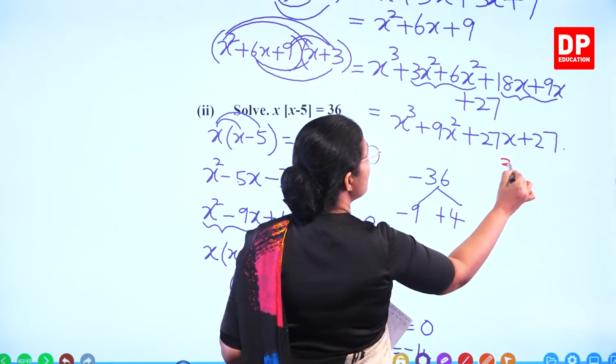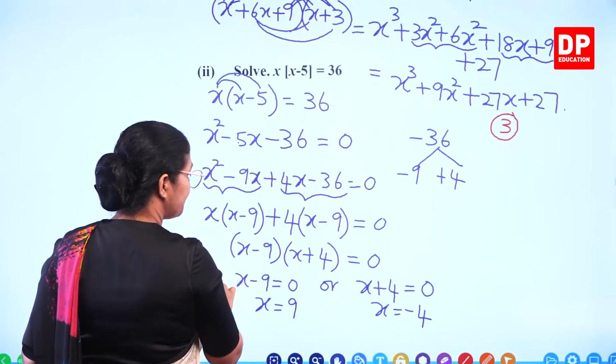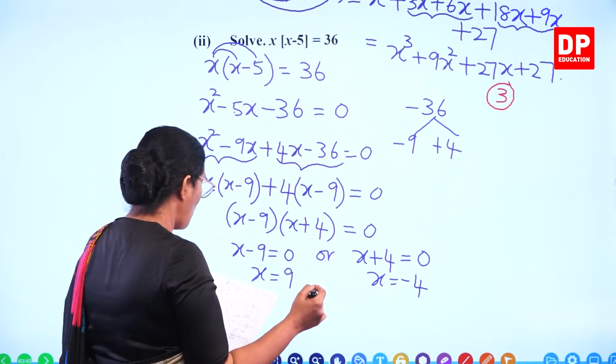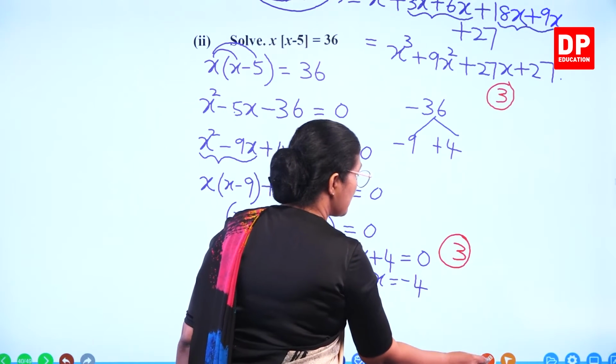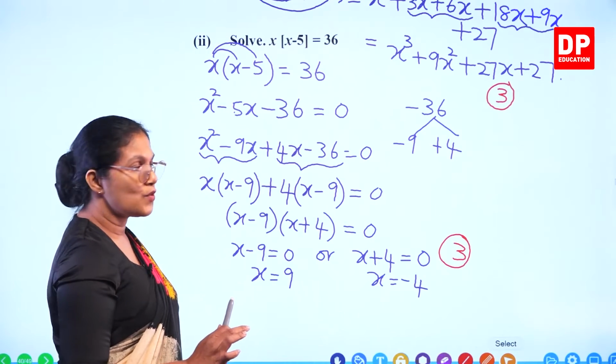Expanding brackets, you get 3 marks. And what's the other one? Solving the two equations, 9 and minus 4, you get 3 marks. So altogether, we have given 10 marks for this question as well.